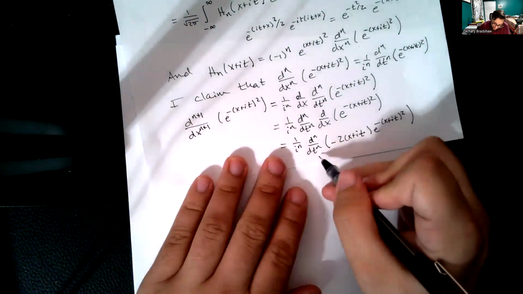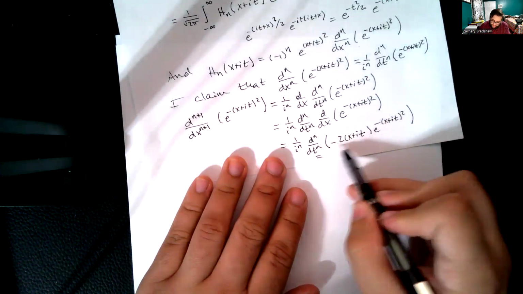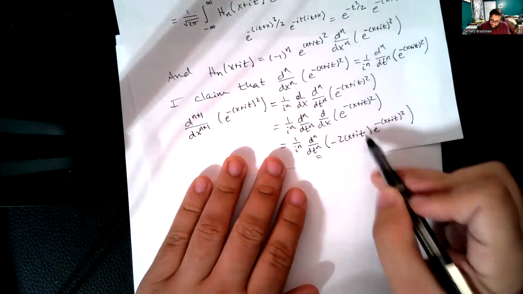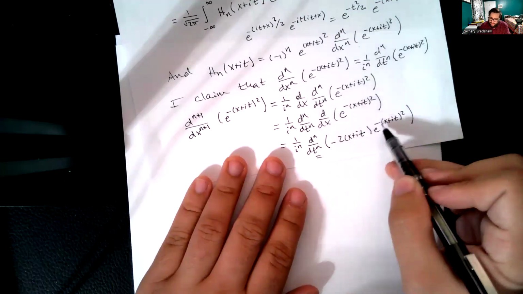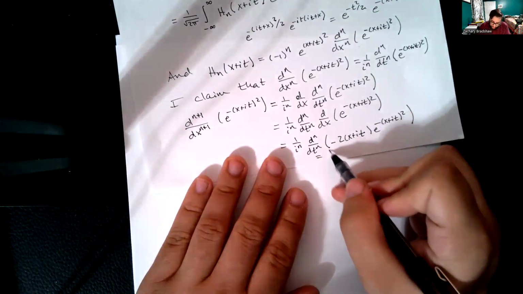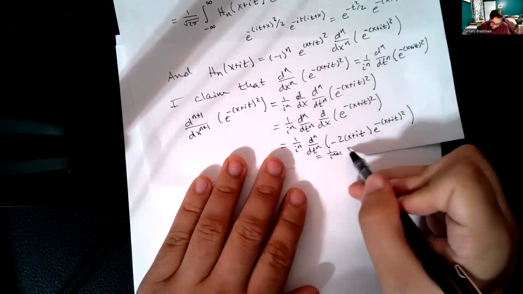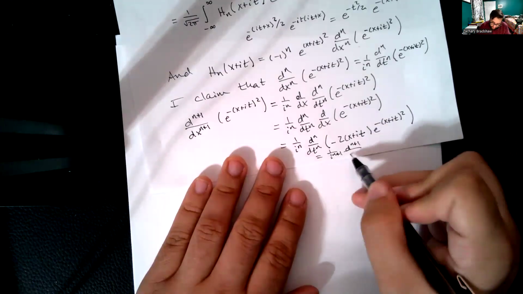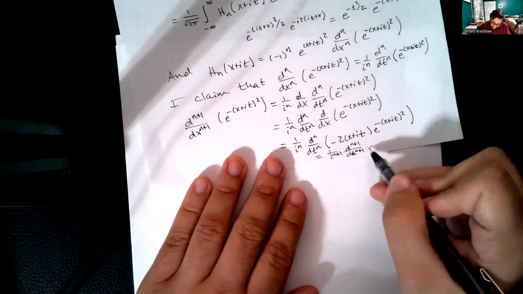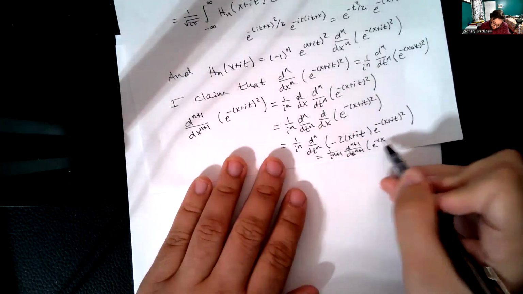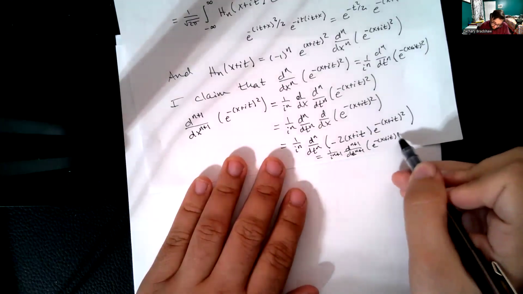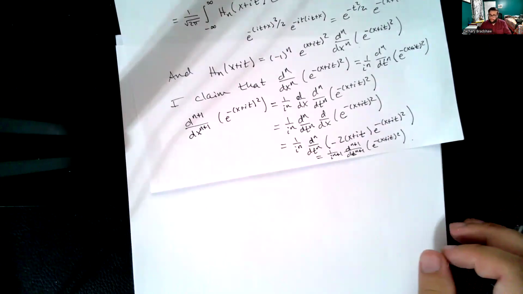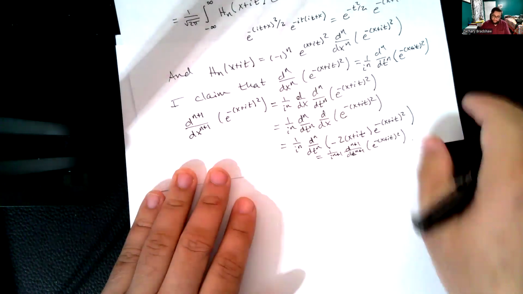And this is exactly what you would get. This guy is exactly the t derivative of this Gaussian times 1 over i. Okay, so that proves the claim.